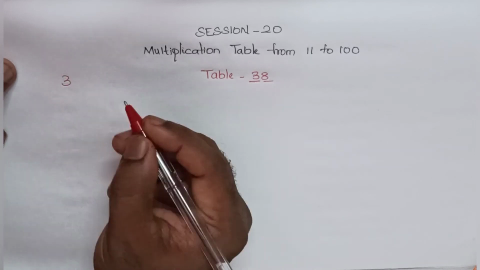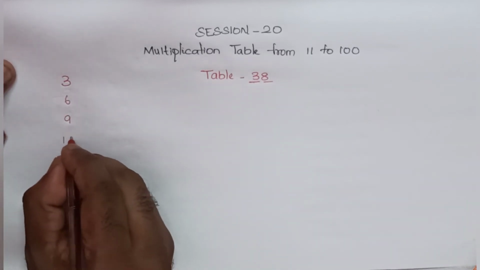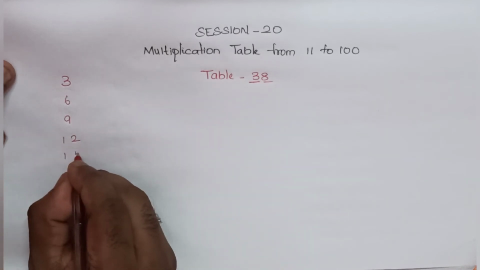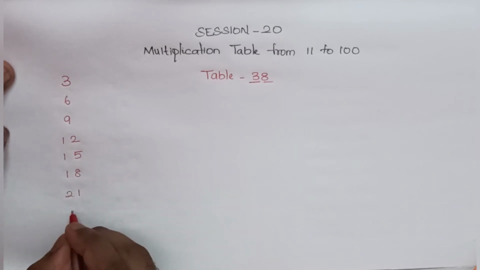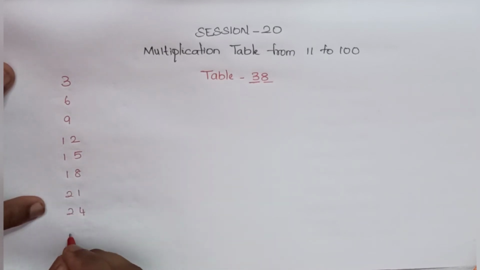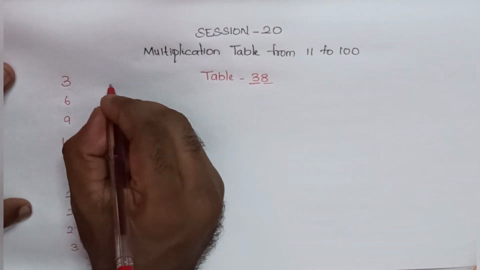So 3, 6, 9, 12, 15, 18, 21, 24, 27, 30. Okay, the 3 table is over. Then go for the 8 table.